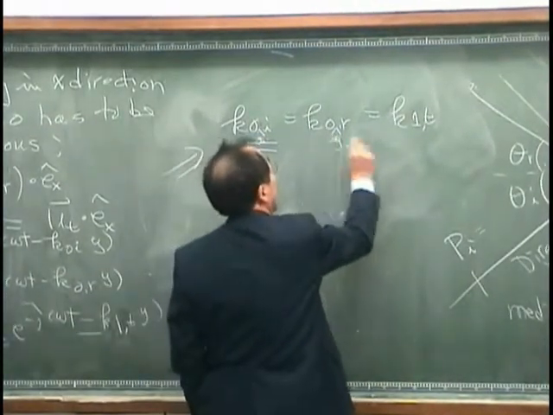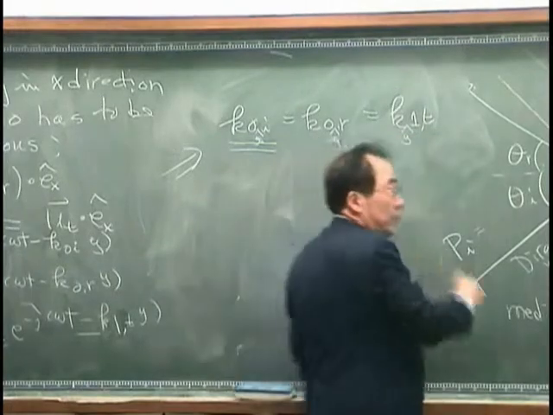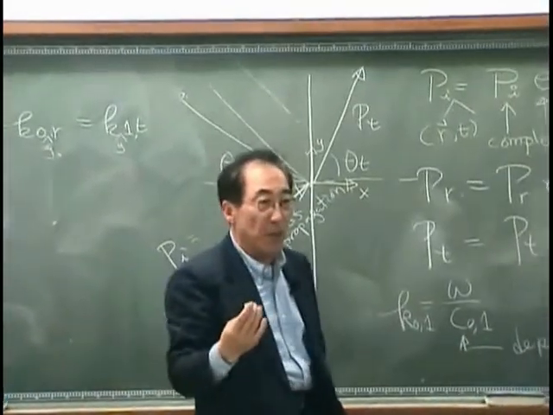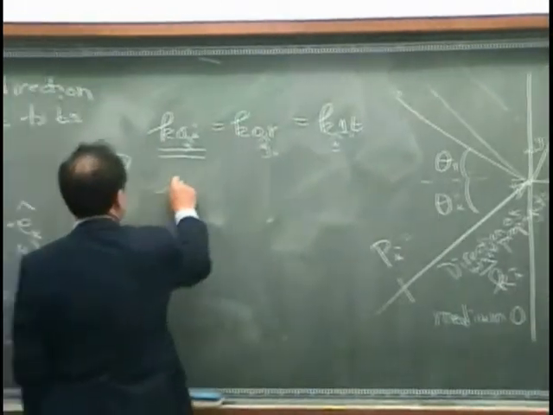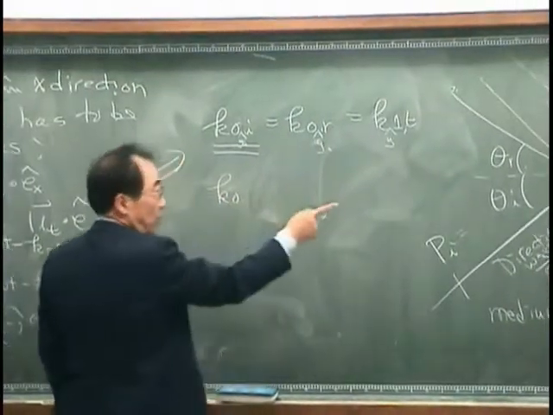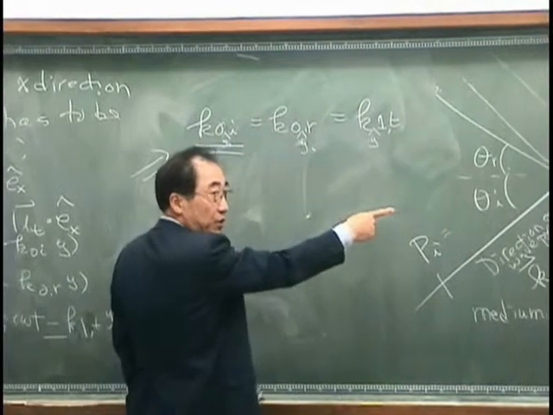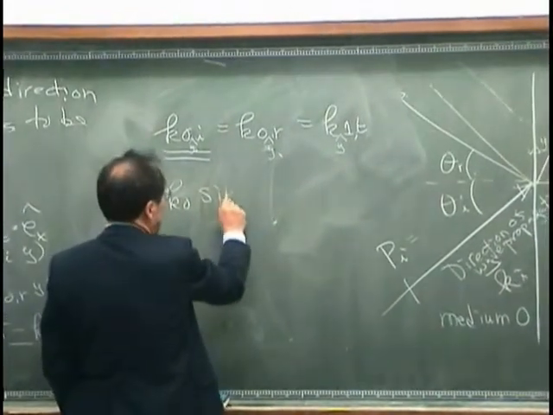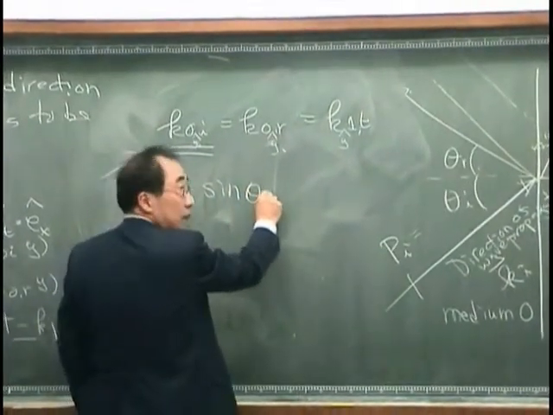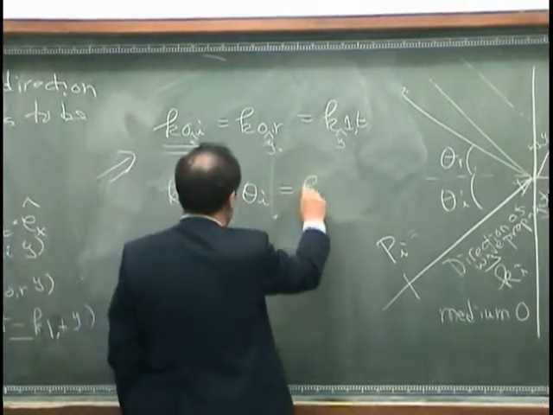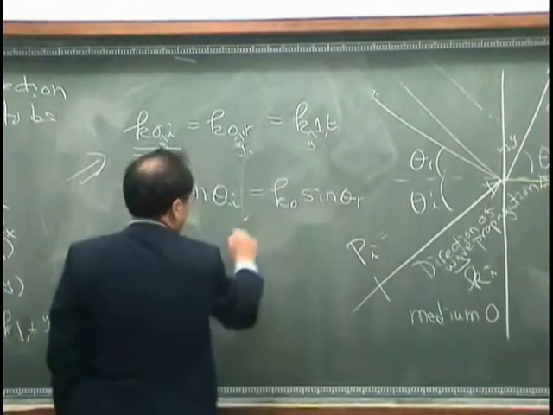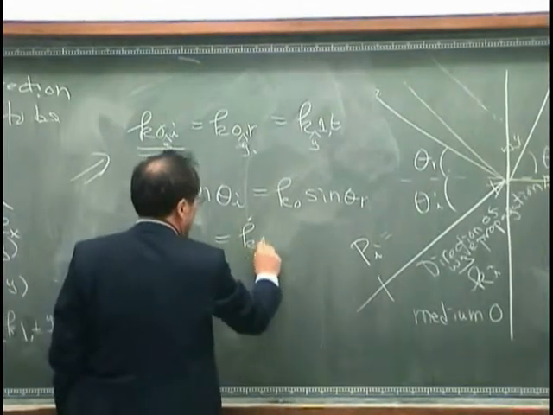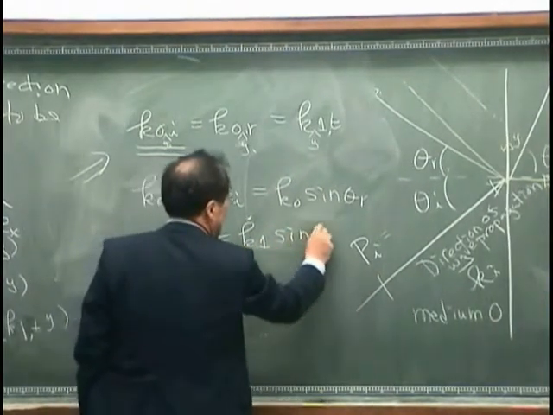In other words, the wave number in Y direction. What is the wave number in Y direction? That is K0. According to the sign convention over here, that is sine theta I. And this is K0 sine theta R. And that is K1 sine theta T.